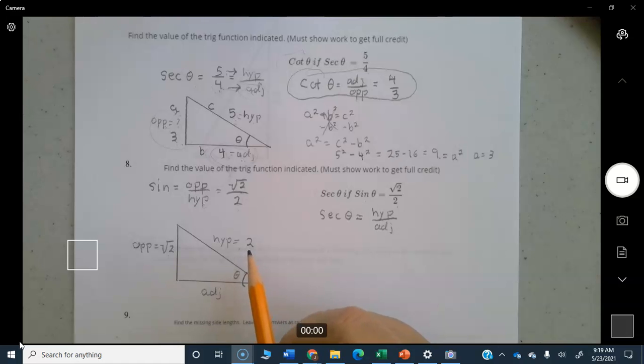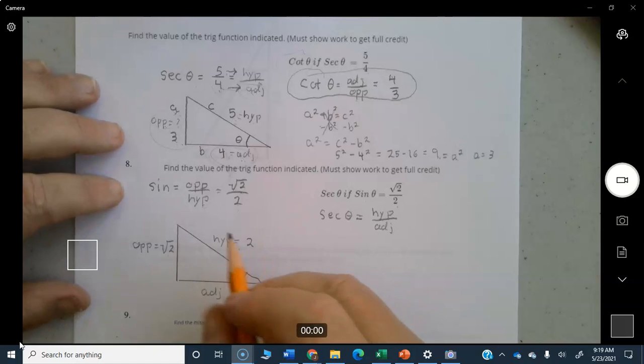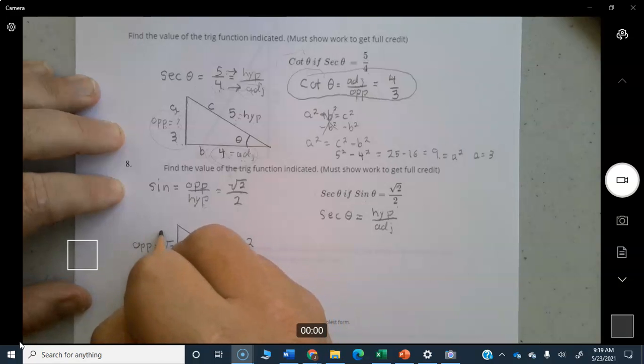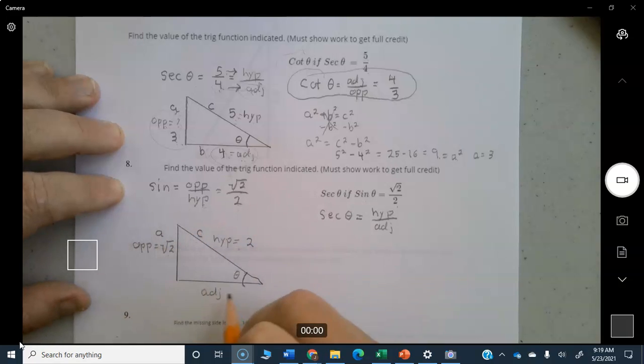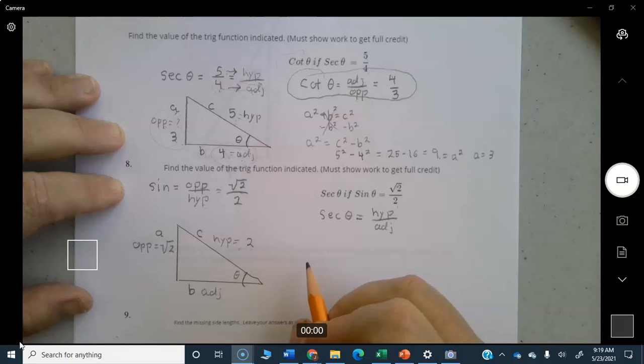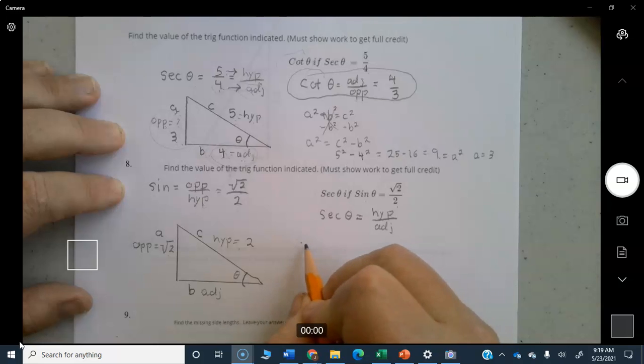And again, we have to do exactly what we did before. So I'm going to call this side C, Pythagorean Theorem. This is going to be side A, and this is going to be side B. Okay, so we saw from up here that we need B squared this time. It doesn't change anything. Let me just go ahead and do the algebra for you.